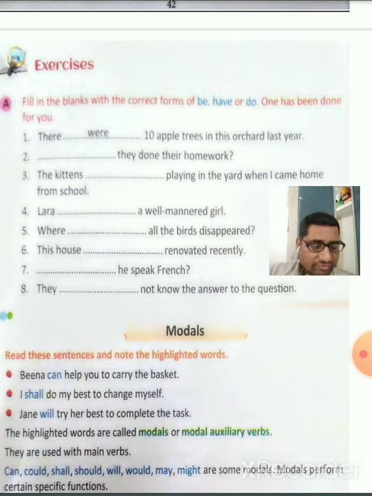Dear students, you need to understand that be forms, have forms and do forms are already discussed in a previous chapter, verbs. So kindly refer to it from there. Now first one, there were 10 apples. There were 10 apple trees in this orchard last year.